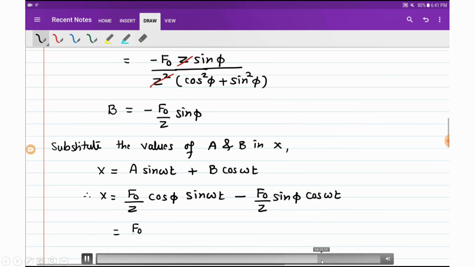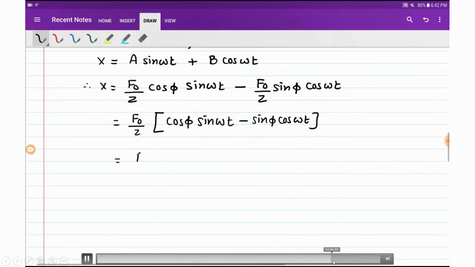f0 by z you can take common, so it is cos phi sin omega t minus sin phi cos omega t. So we can represent x in terms of, now this is the formula of sin alpha minus beta: sin alpha cos beta minus cos alpha sin beta.